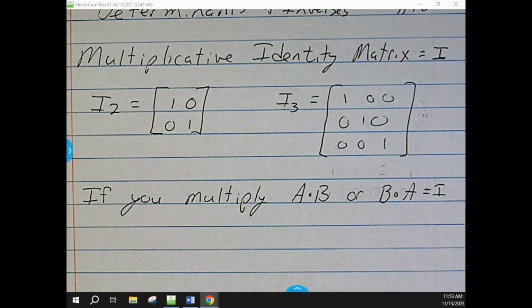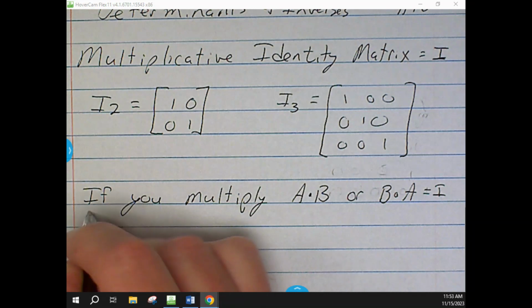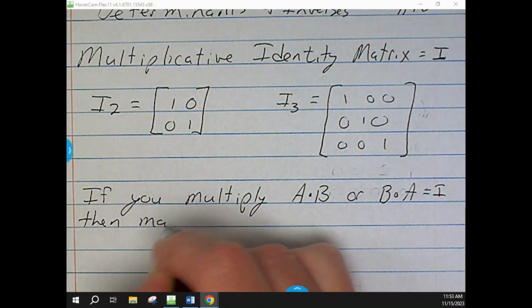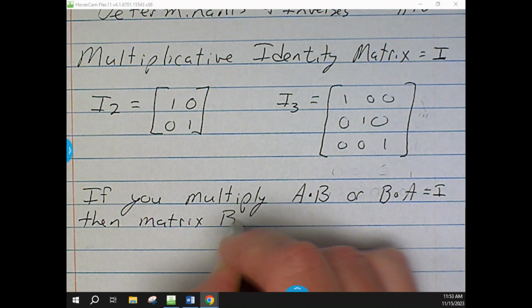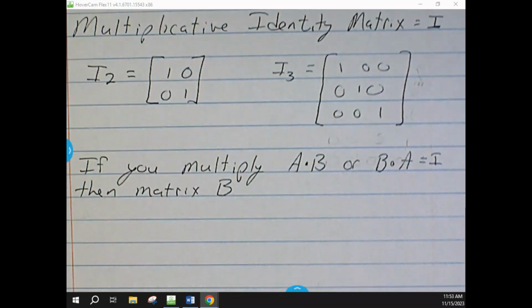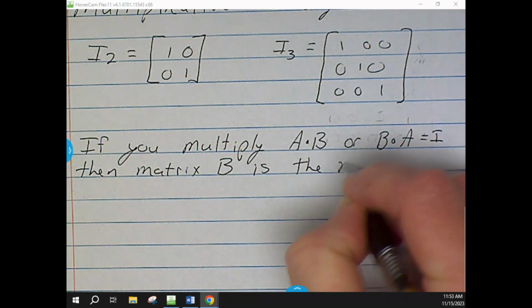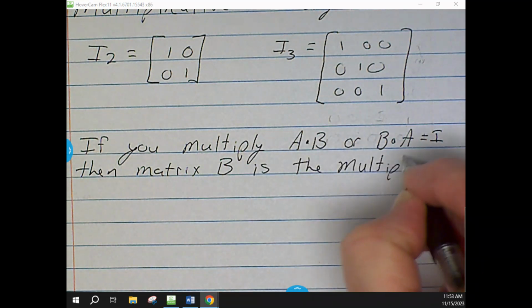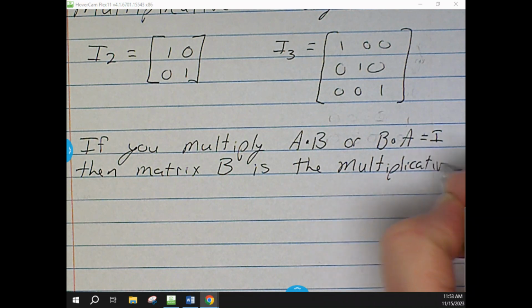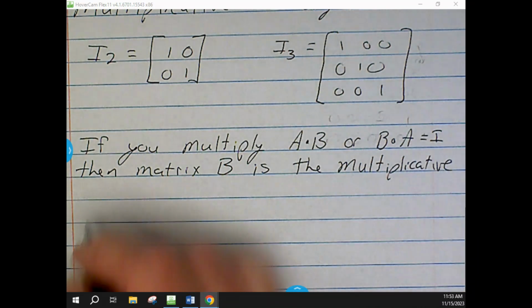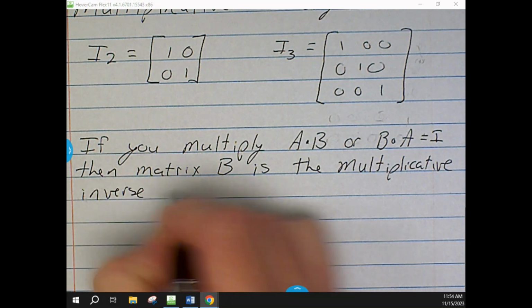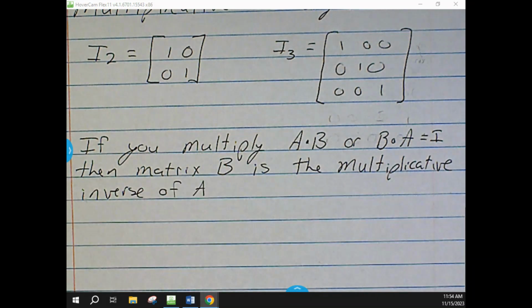But if you take either one of these two matrices and multiply them together, and you get the identity matrix, then you can say that matrix B is the multiplicative, kind of a fun word to say, the multiplicative inverse of A.